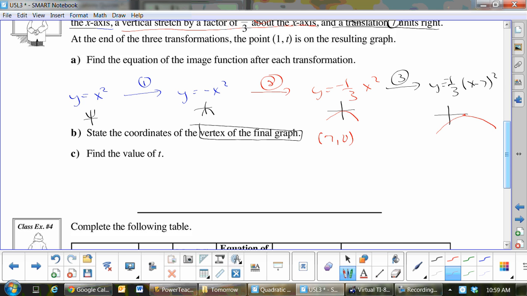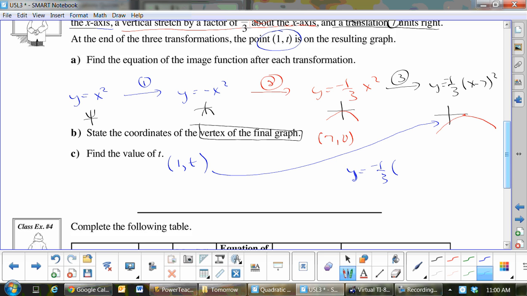Now, here's a question maybe some of you wouldn't get. What is its point 1 comma t? It's on this graph. How would you know what t is, which is actually y? Okay? How do you find t? What is the y value? Yeah? Take your equation, y equals negative 1/3.